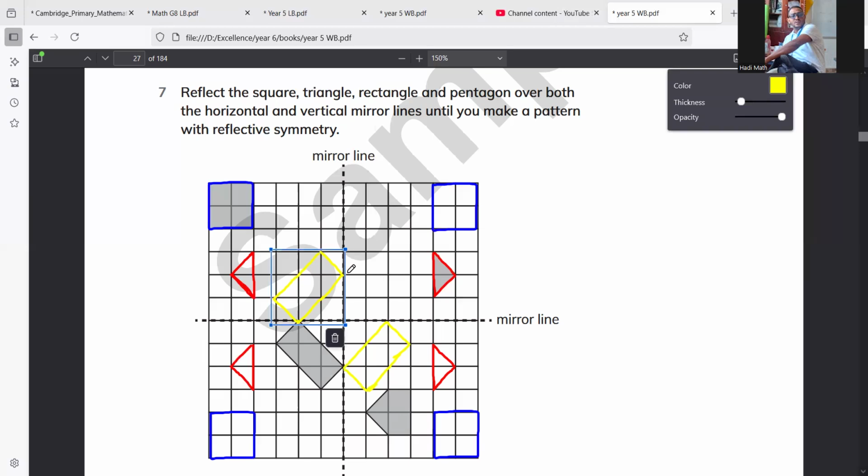Then you go from here, or so like what? Right, you draw it here this way. And how is this going to look like?